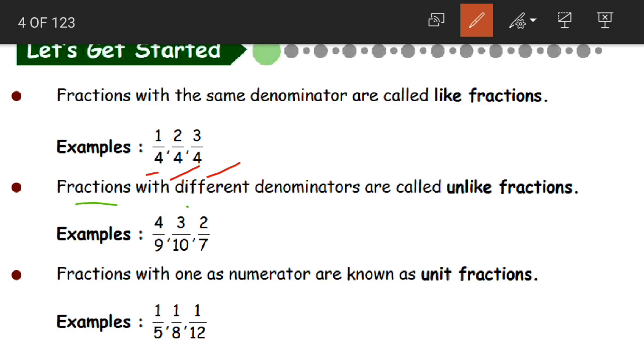Now coming to fractions with different denominators are called as unlike fractions. Yes, see the opposite. Here they had same denominators, so they were called as like fractions, and here they are having different, so they are called as unlike fractions. Say like 4 by 9, 6 by 7, 2 by 3.